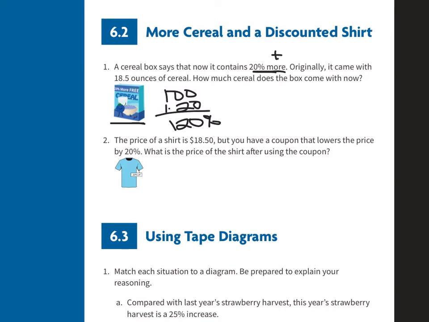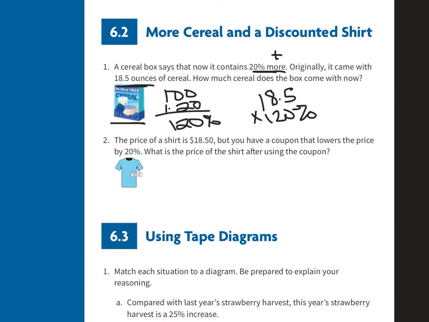So all we have to do here is take 18.5 ounces and times it by 120%. Okay, not 120, but 120%. So there's a couple different ways you could do this. The calculators we have at school have a percent button.